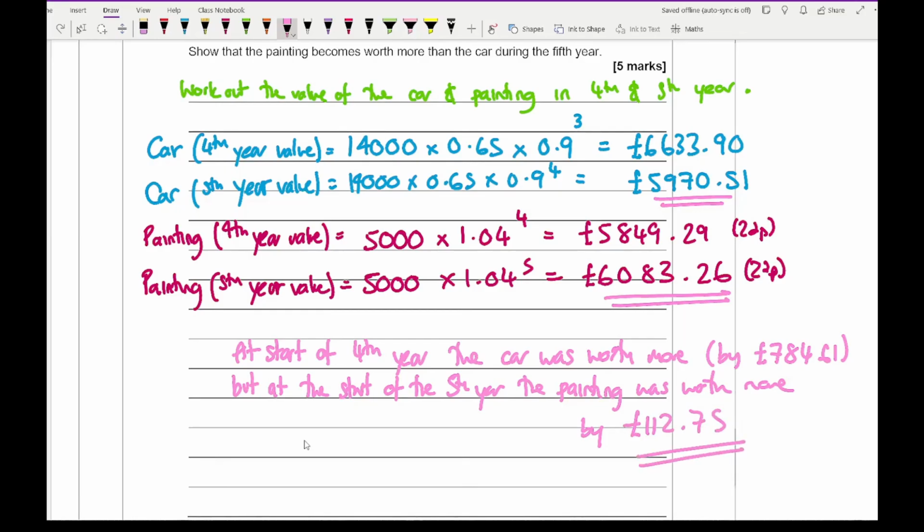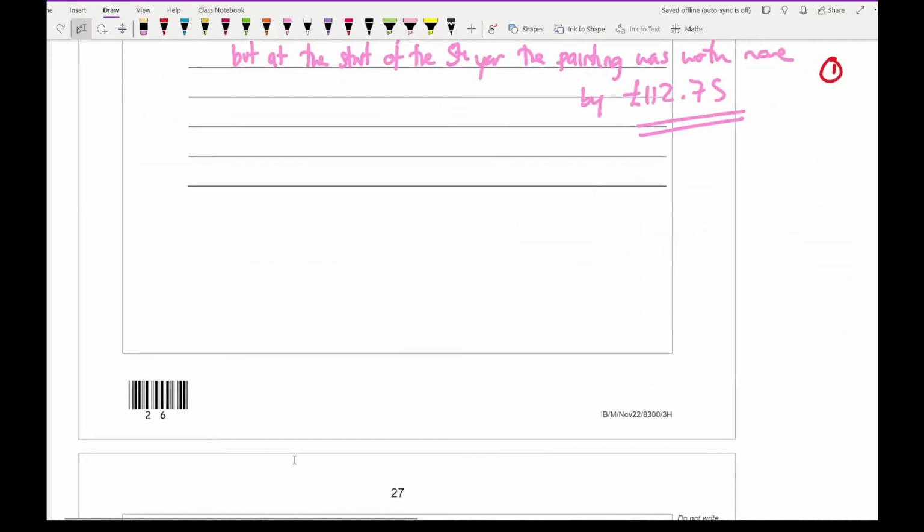So make sure you are writing that little bit of statement, but I would generally say that this is going to be worth 1 mark, that's going to be worth 1, that's going to be worth 1, that's going to be worth 1, and then a comparison to show that the value has shifted from the car to the painting at the start of that 5th year.